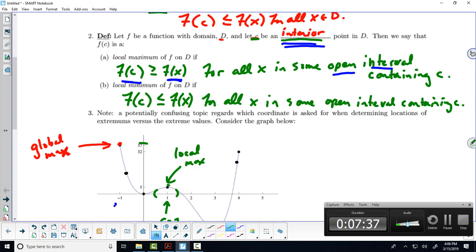It doesn't have to be the smallest point in the entire function. It just has to be possible to construct a neighborhood around that value c so that it is the lowest value in that neighborhood.